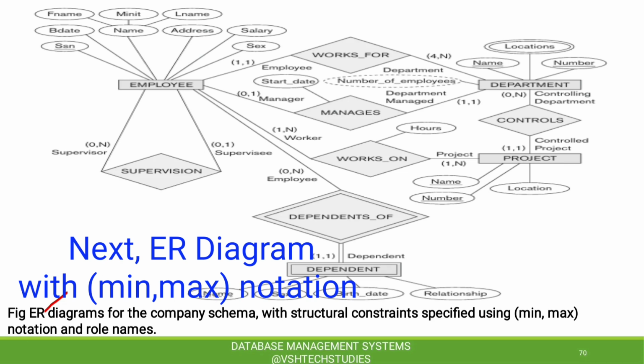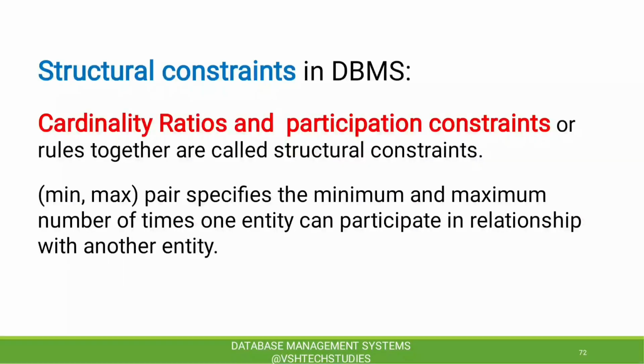This figure shows ER diagram, that is entity relationship diagram of company database with structural constraints specified using min-max notation and role names. So what is meant by structural constraints? Structural constraints in database management system means cardinality ratios and participation constraints or rules together are called structural constraints.